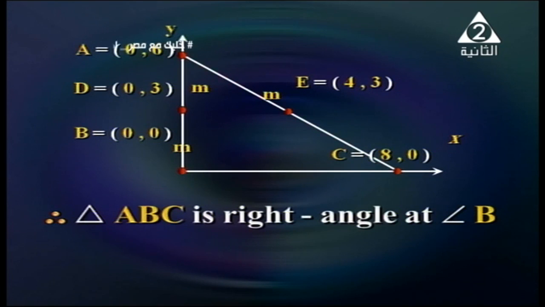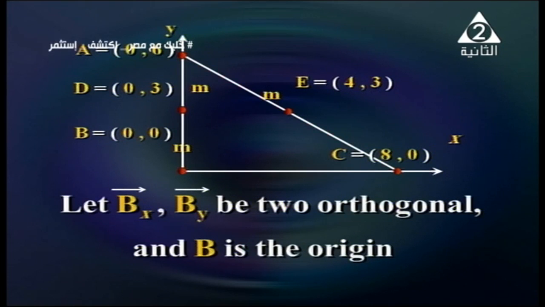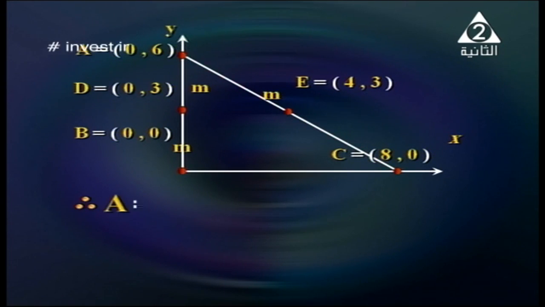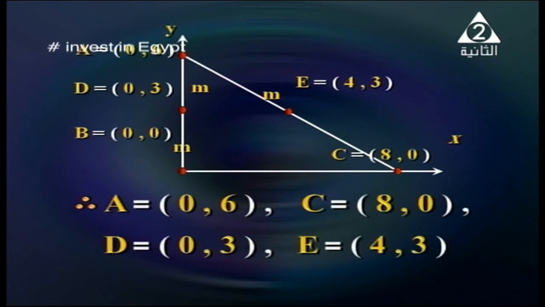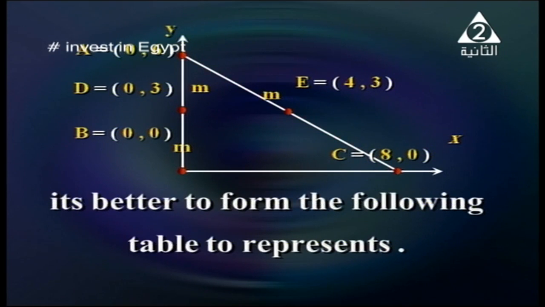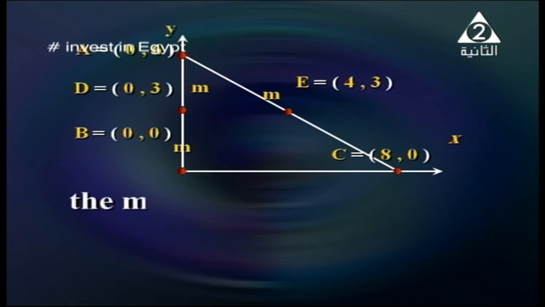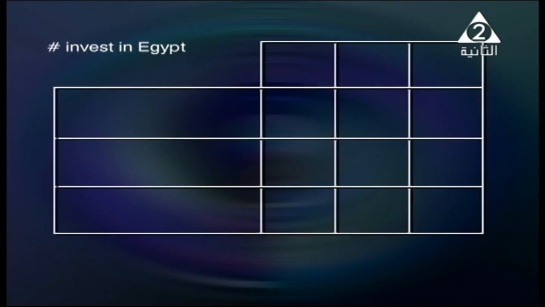Therefore, triangle ABC is right angled at B. Let BX and BY be two orthogonal axes with B the origin point. Therefore, what are the coordinates of A, C, D, and E? It's better to form the following table to represent the mass and coordinates of each one.